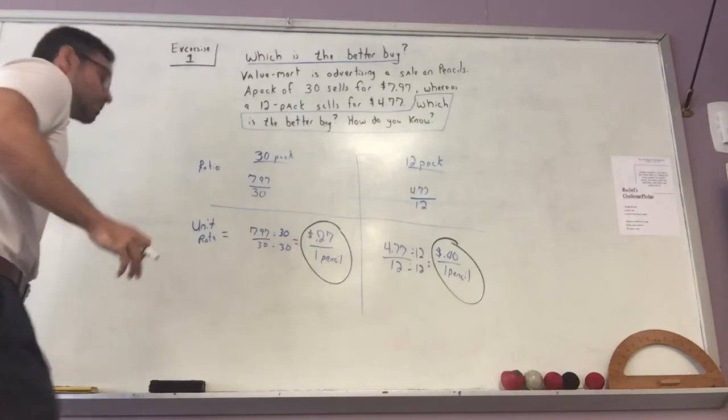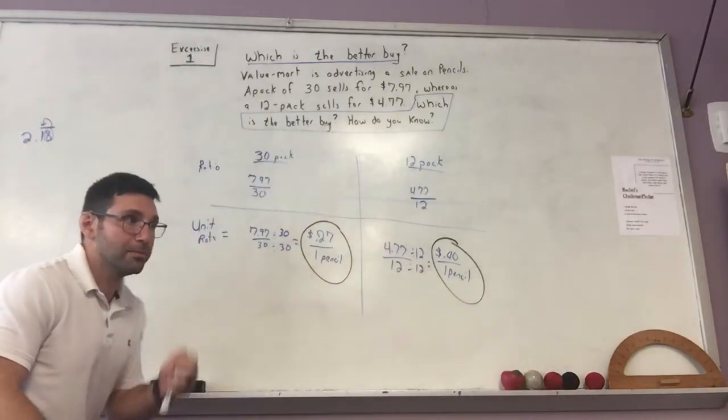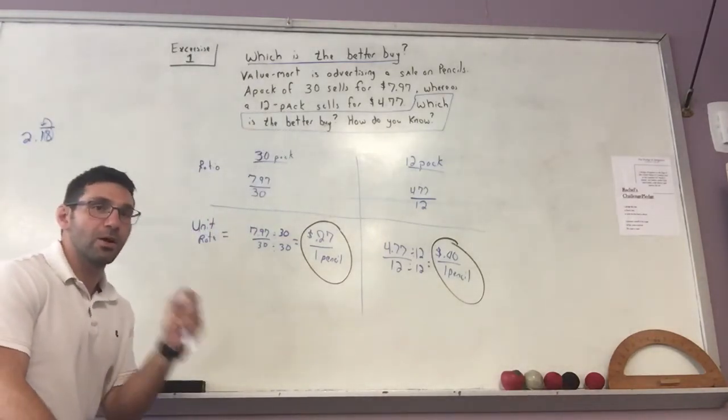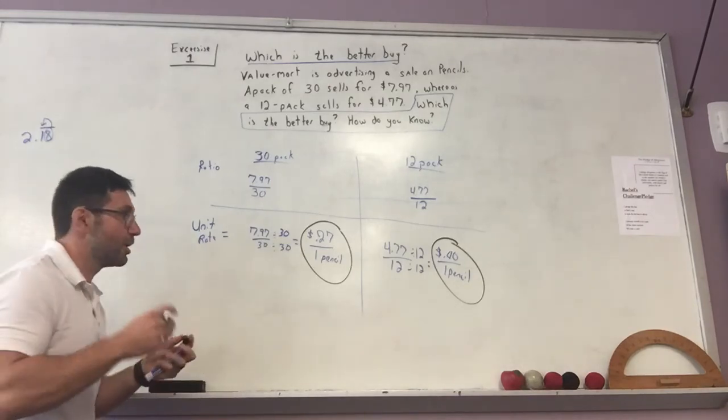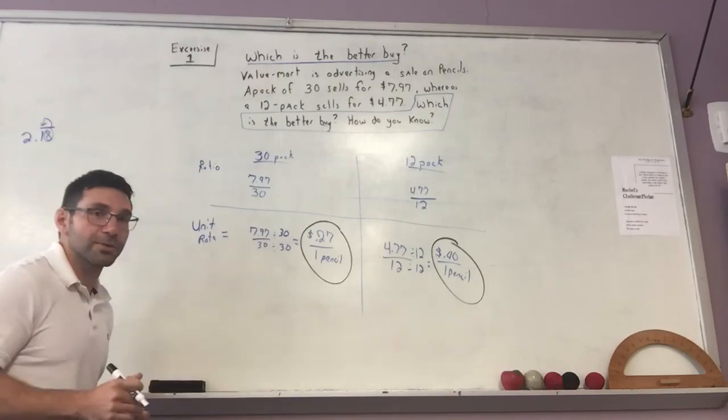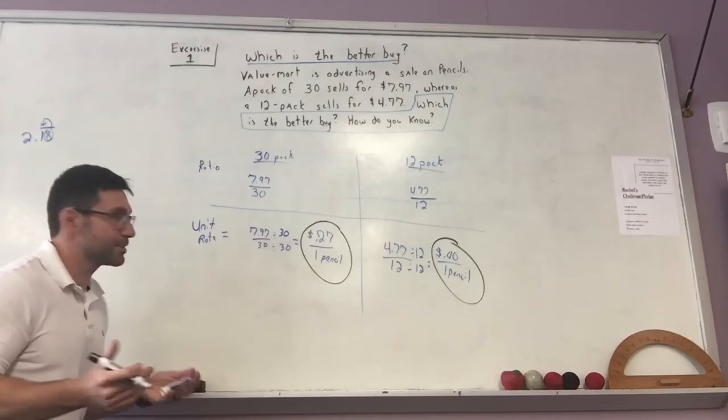How do you know? When we are answering a word problem, don't just give me a word with it. Give me a phrase, give me a sentence. I want to see your writing skills while you're also in math class. Cross curriculum. Because listen, you're going to be writing for the rest of your lives.